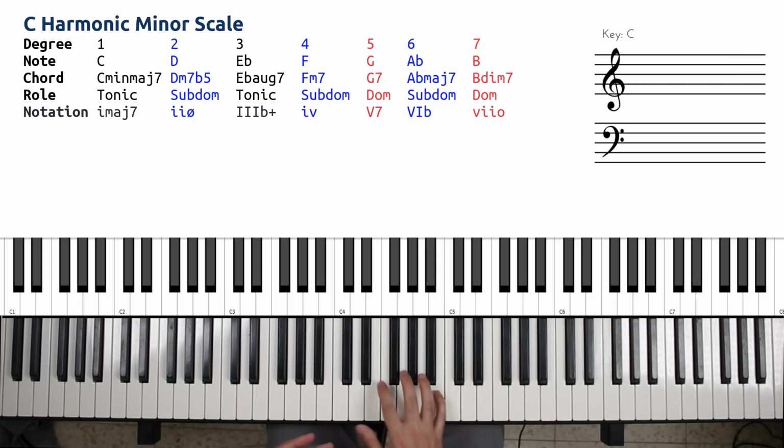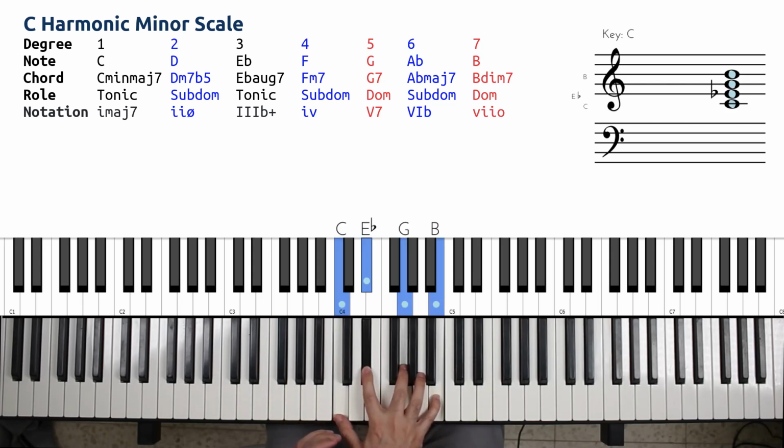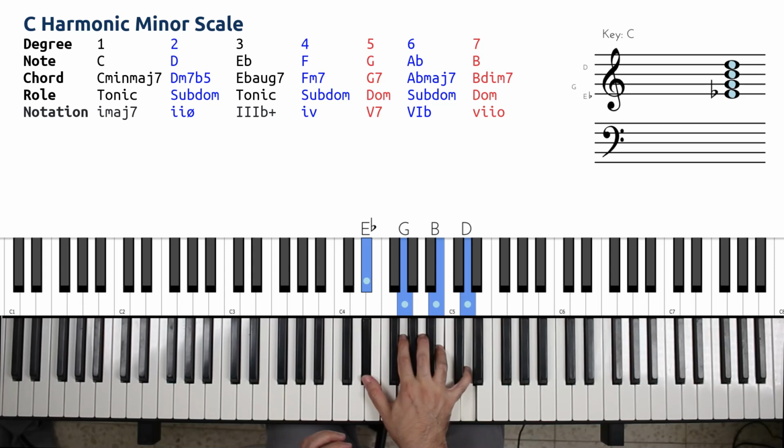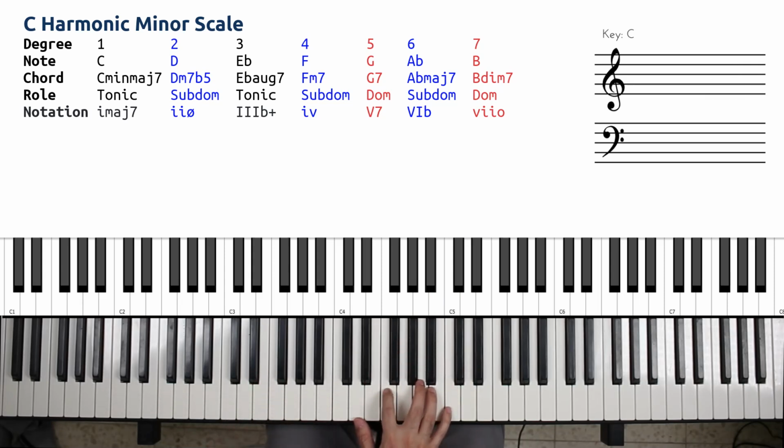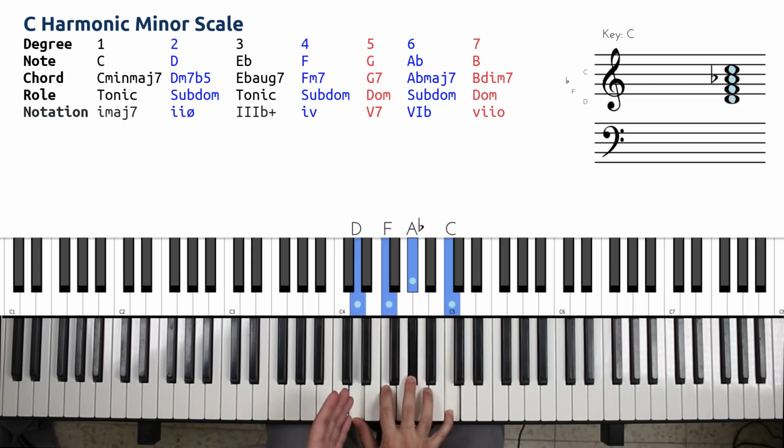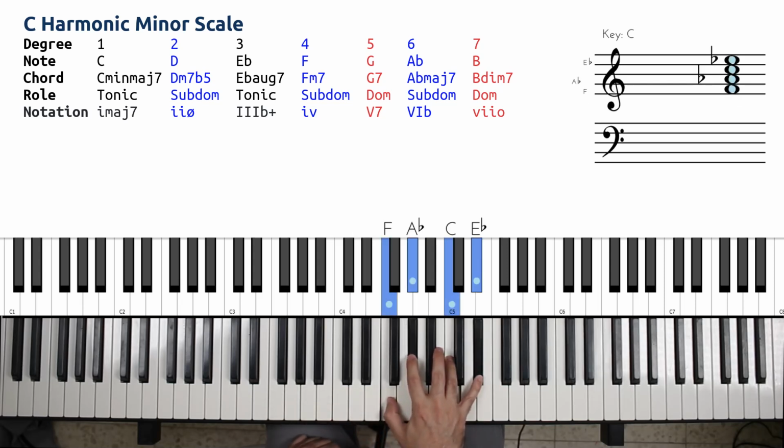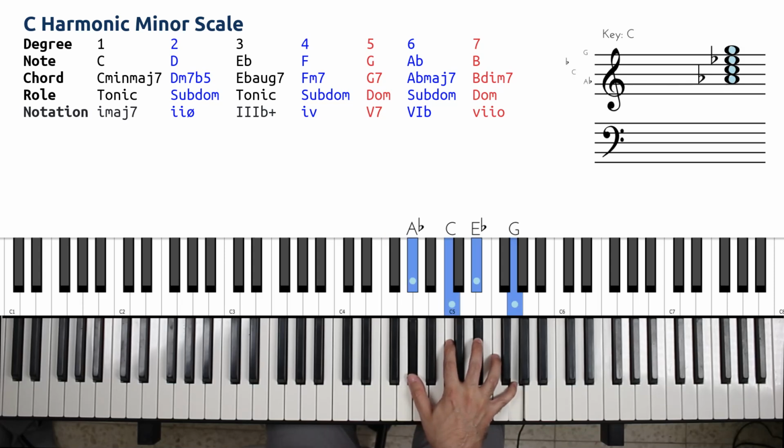Now, as before, we need to ask ourselves what role each degree plays. Well, the first degree and the third play the role of a tonic. The second degree, the D half diminished, the F minor 7, and in this case, the sixth degree as well, all play a subdominant role in this scale.